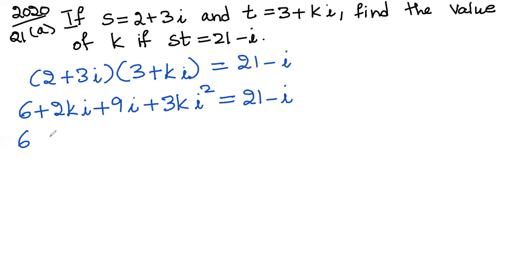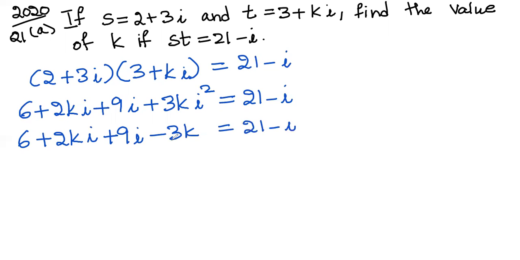So we have 6 plus 2ki plus 9i minus 3k equal to 21 minus i.